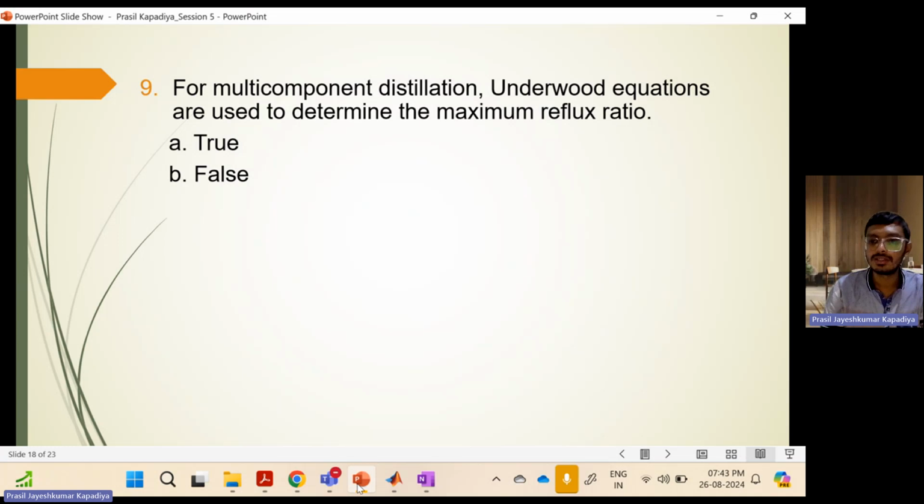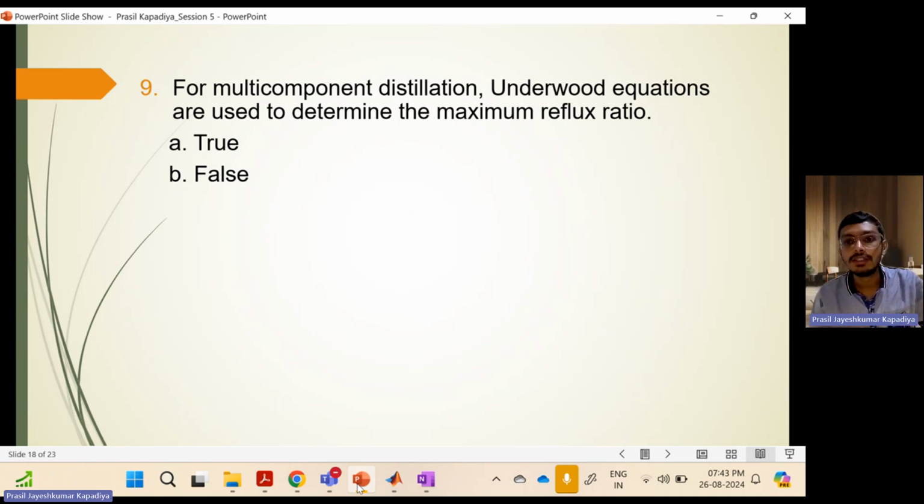For multi-component distillation, Underwood equations are used to determine the maximum reflux ratio. This is completely wrong. Underwood equation is used to determine minimum reflux ratio. If you know the FUG method, F is Fenske equation, used for determining minimum number of theoretical trays.